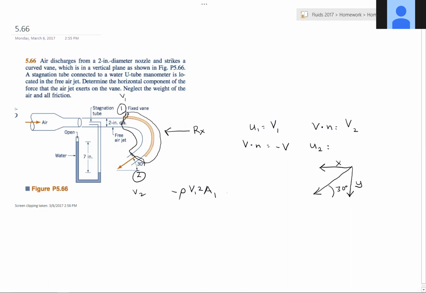So this is going to be negative, because that U2 is negative, rho V2 squared times the cosine of 30 degrees. And that's going to be R sub x. All right. So what can you say about the relationship between V1 and V2?